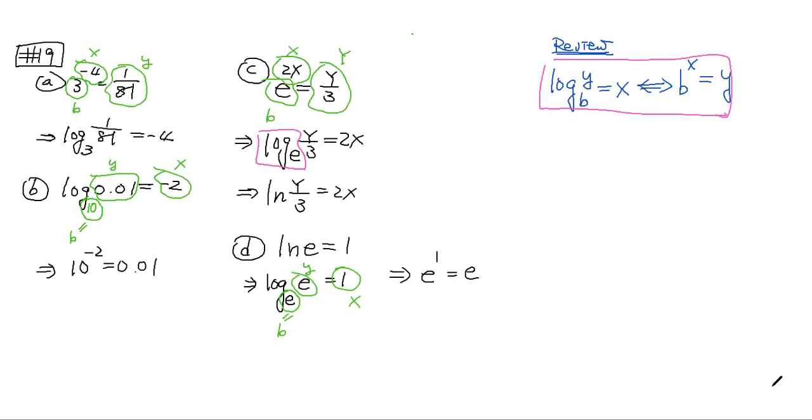Okay, now let's go to the next problem. Number 20, part A: 9 to the x minus 1 equals 4 to the x.